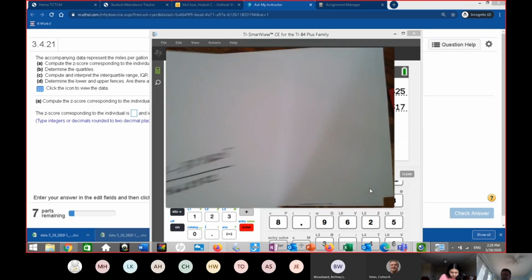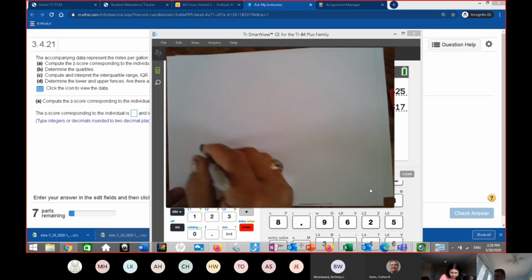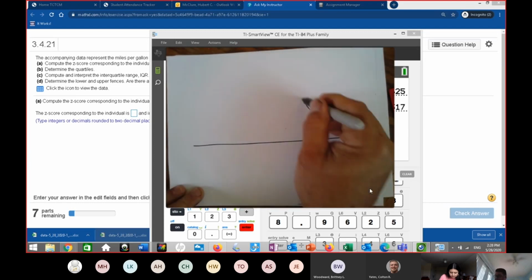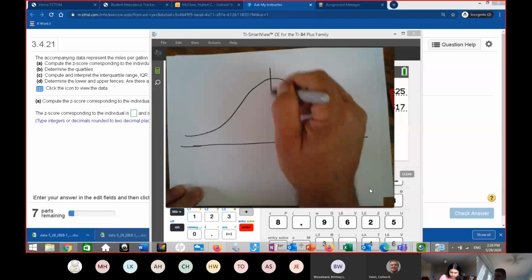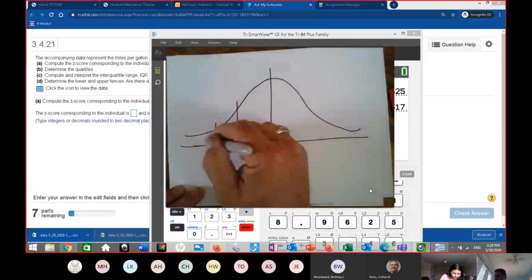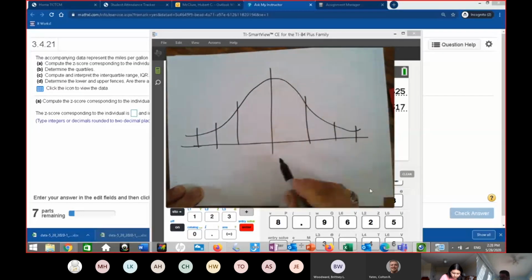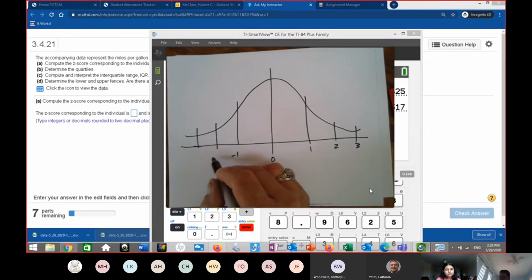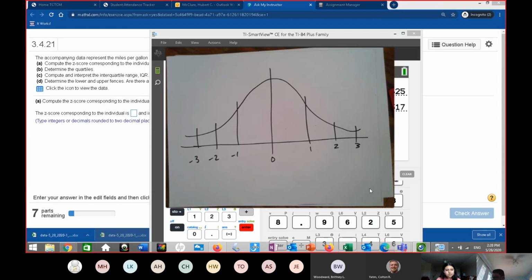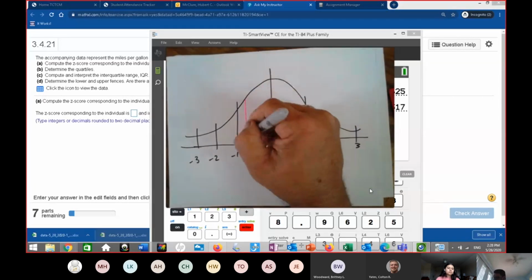So if you were to draw a curve, and this is going to be in chapter 7, so you've got to get used to it. The z-scores are 0, 1, 2, 3, -1, -2, -3. The 0.88 we just calculated is right in here.